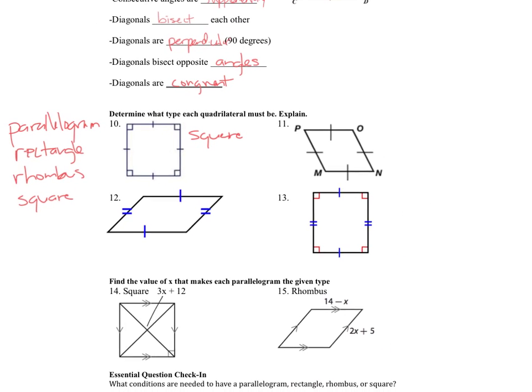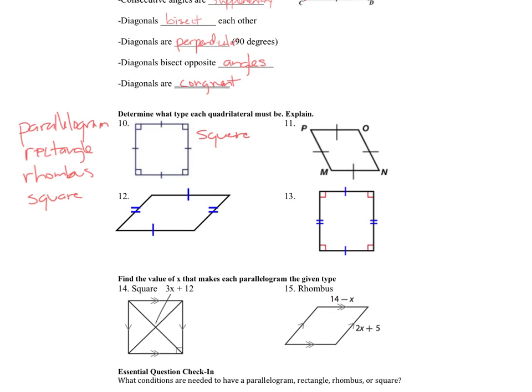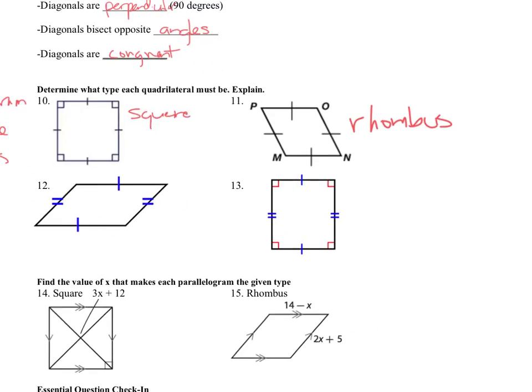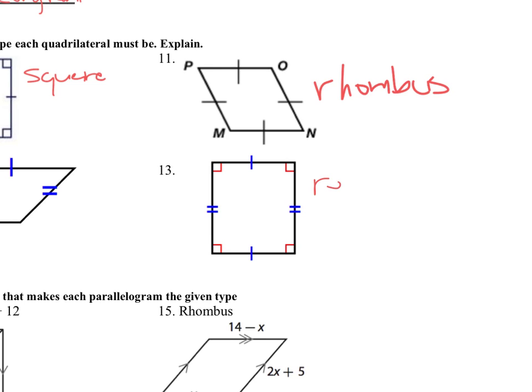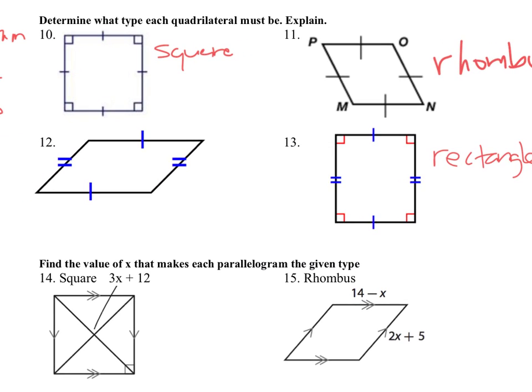The only other one that has congruent sides is a rhombus, so number 11 must be a rhombus. For 12 and 13, you'll notice 13 has some 90-degree angles, which have to happen with a rectangle, which means the last one, number 12, is just a basic parallelogram.